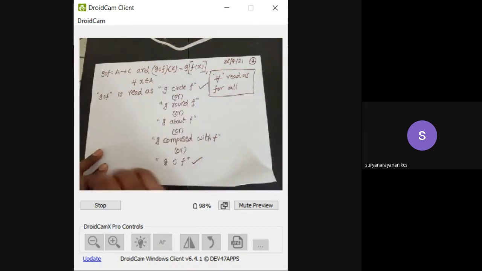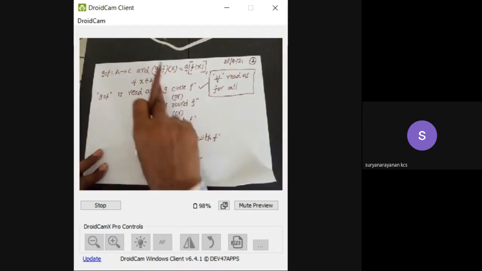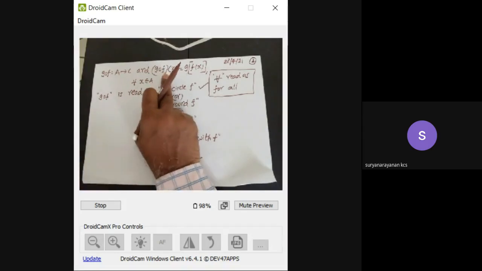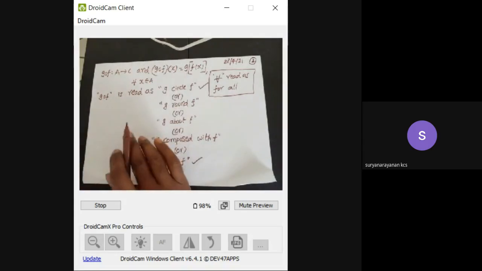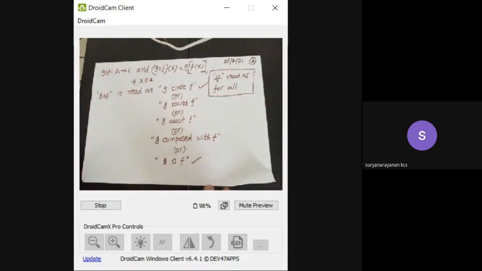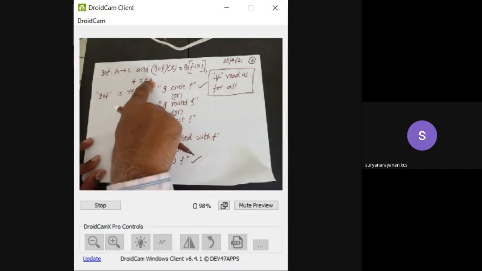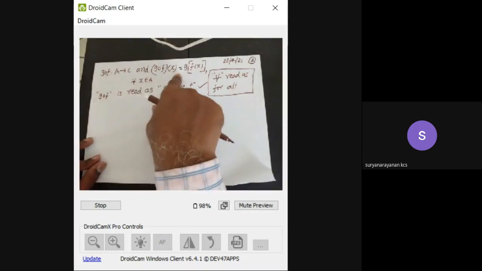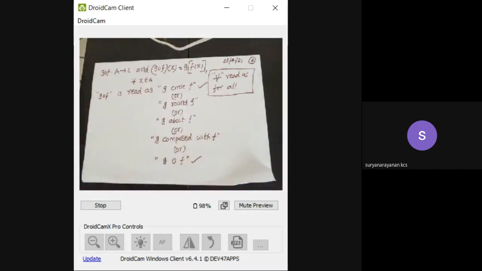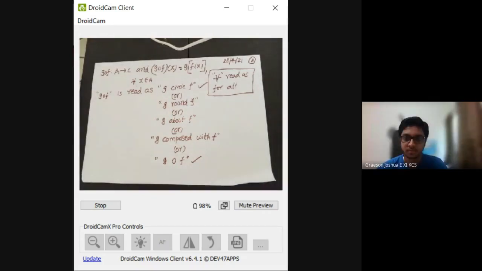Composite function of F and G is denoted by G circle F, whereas composite function of G and F is denoted by F circle G. Now come to this point. This is the definition. All of you read this one. This is the definition of composite function of F and G. Okay, my children.